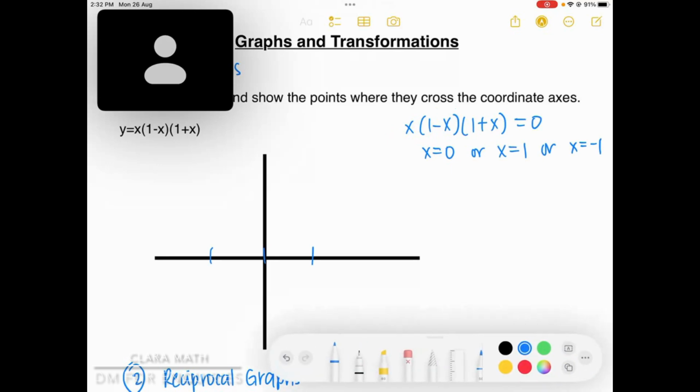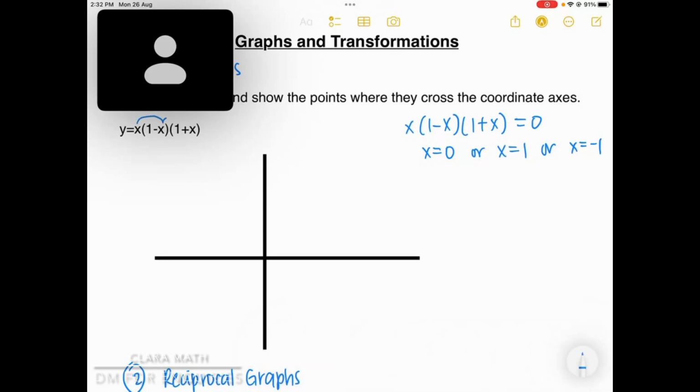So at least you know how to draw, but you need to decide is it a curve that's going up or going down. How we determine that is that you just look at the x to the power 3 sign. When this x multiplies with this x and this x, you're going to get x times minus x times positive x. So that is going to give you a negative x cubed.